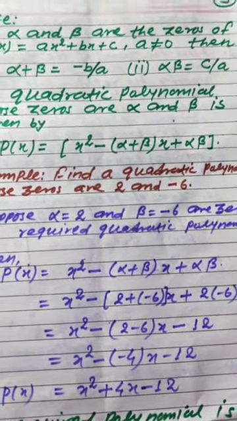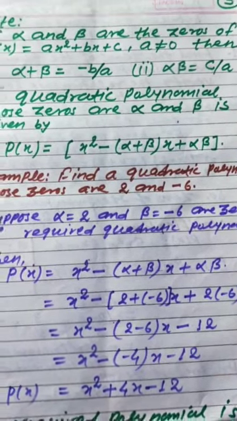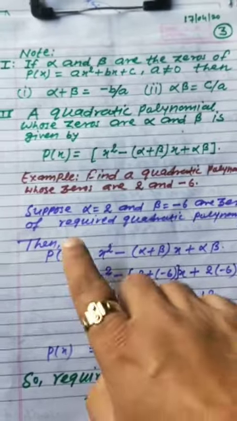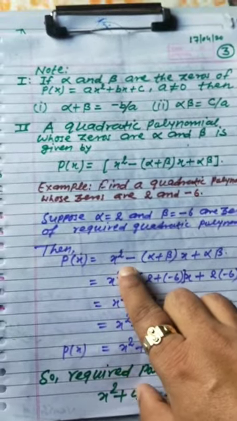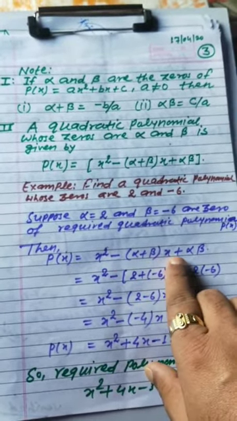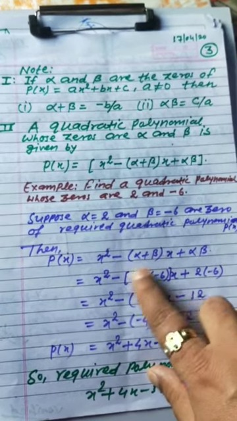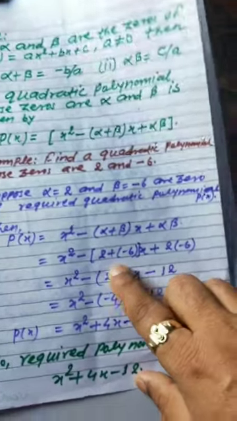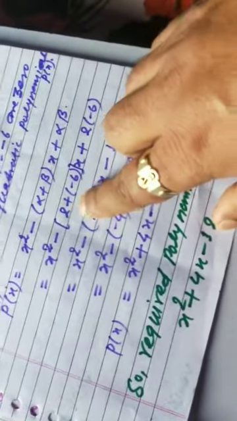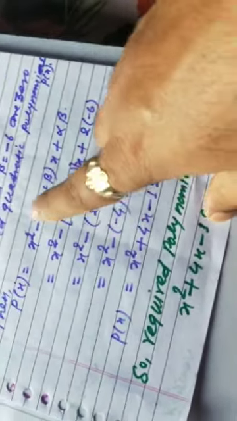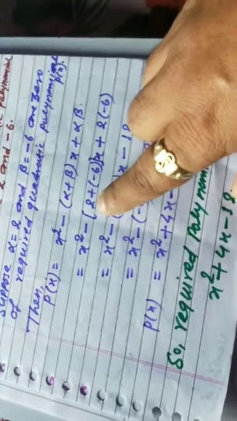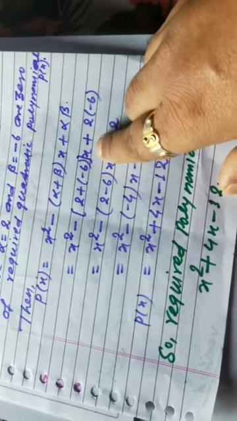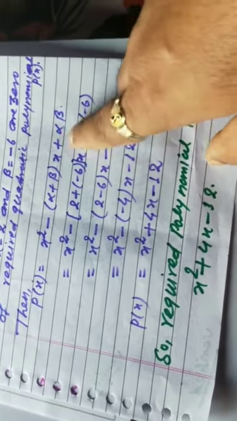Then Px will be equal to x square minus alpha plus beta into x plus alpha into beta. So x square minus, the value of alpha is 2 and the value of beta is minus 6, multiplied by x plus alpha into beta.